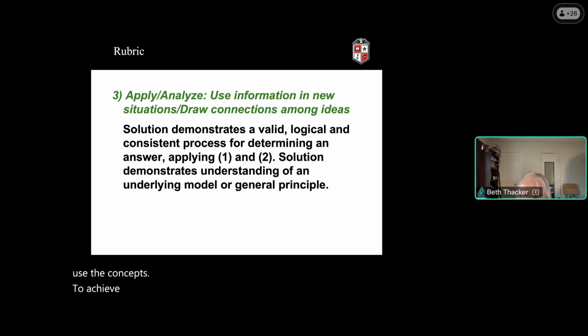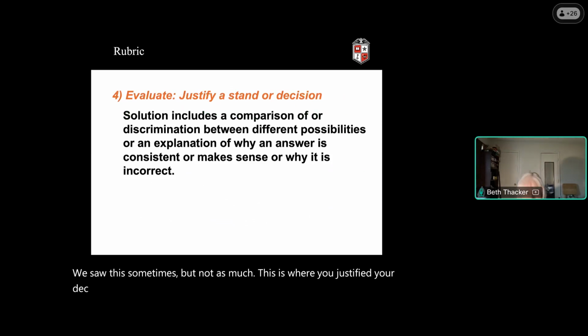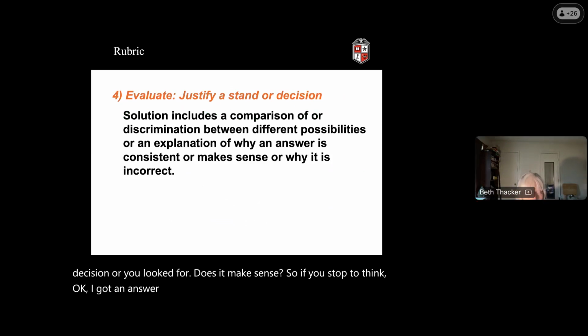Okay, so the last one was evaluate. We saw this sometimes, but not as much. This is where you justified your decision, or you looked for, does it make sense? So if you stop to think, okay, I got an answer, does it make sense? That we counted as evaluate.